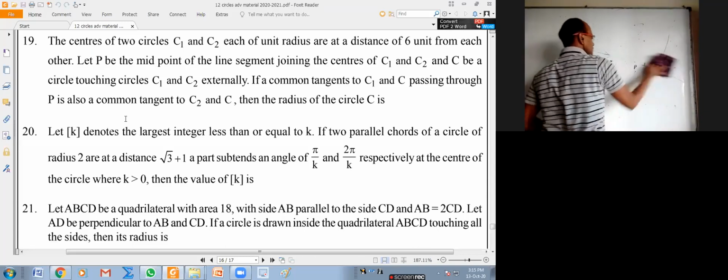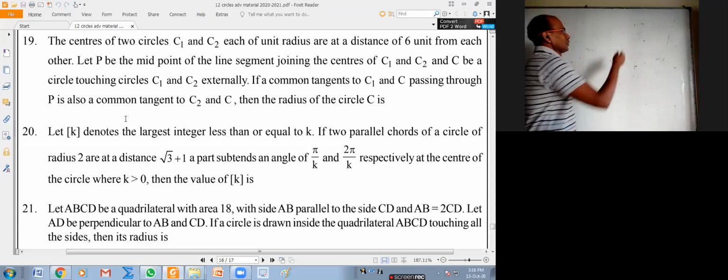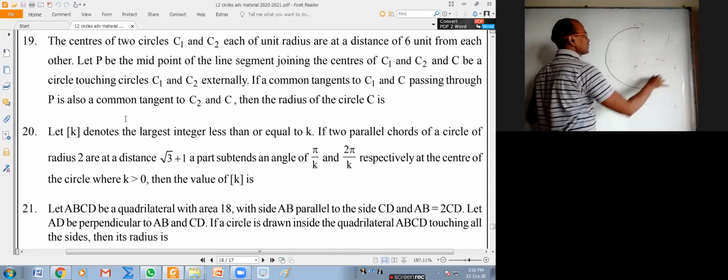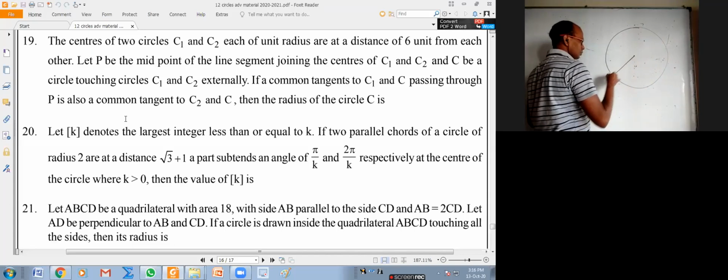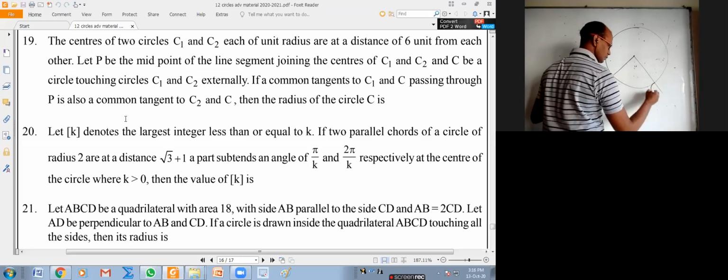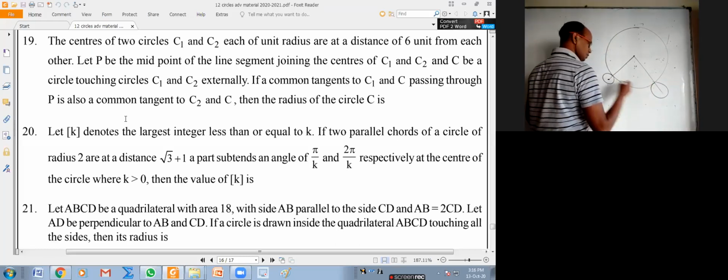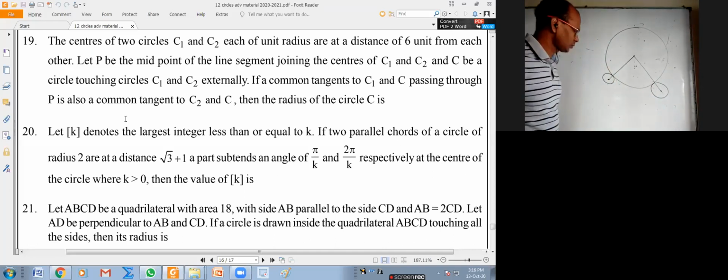Think figure 1. First draw one big circle, then draw 4 circles touching in such a way that this common tangent passes through the midpoint.